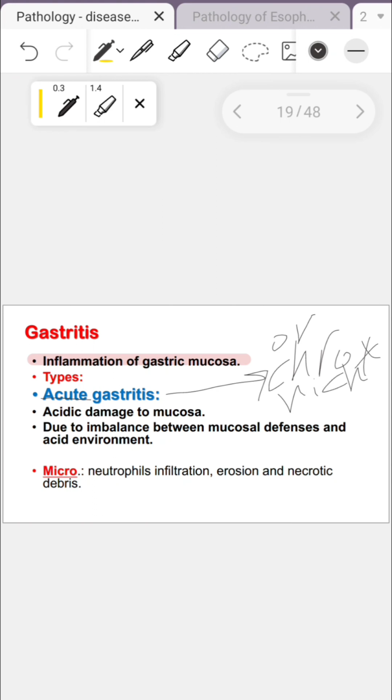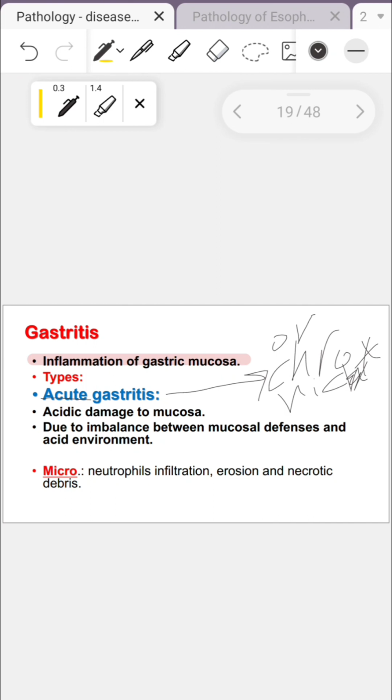One of them can cause acute gastritis. Chronic gastritis is different: 90% is H. pylori associated gastritis, which we will come to shortly, and autoimmune gastritis, which is T cell mediated cytotoxicity.